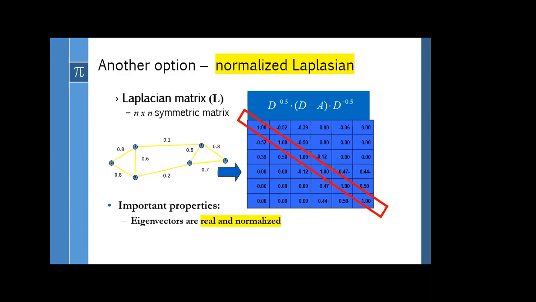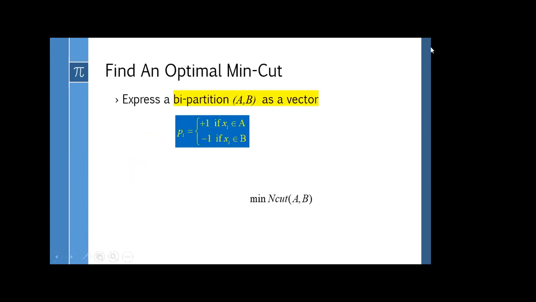Okay, so now bipartition. We should find a solution for the problem. We have an indicator vector p, which is positive for all x_i belonging to group A, the first group.